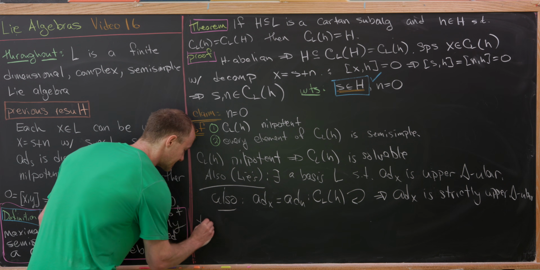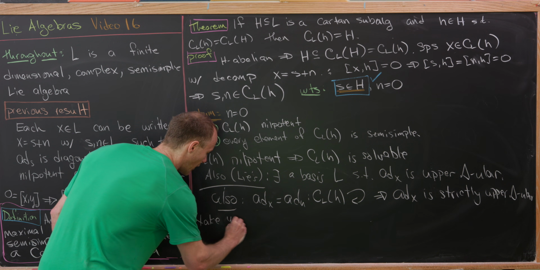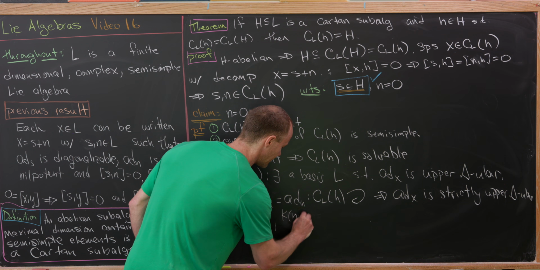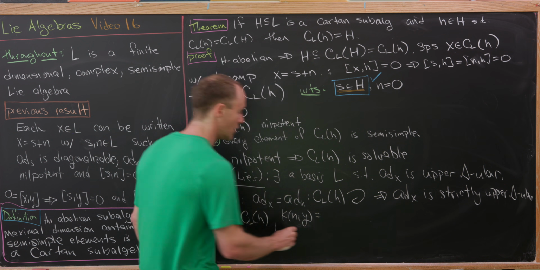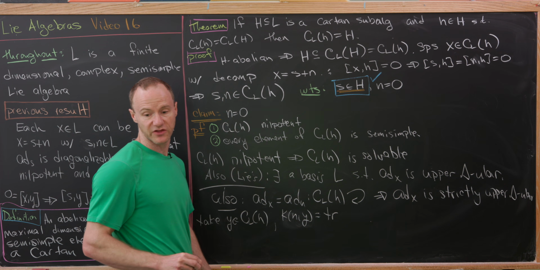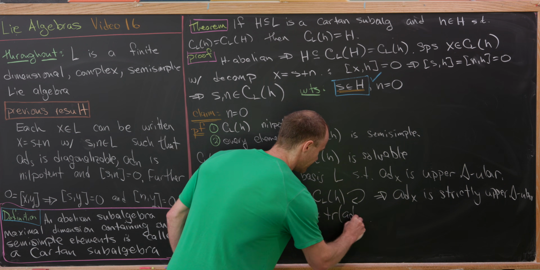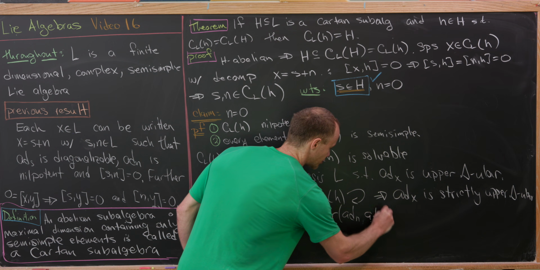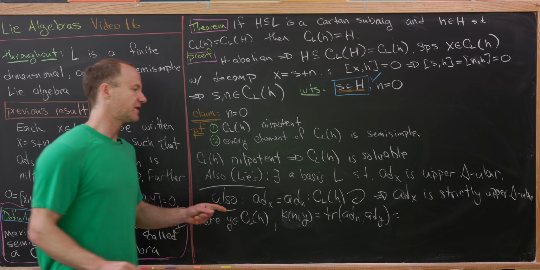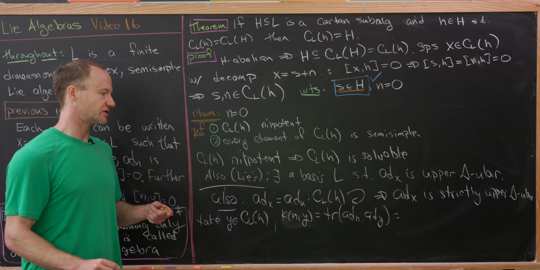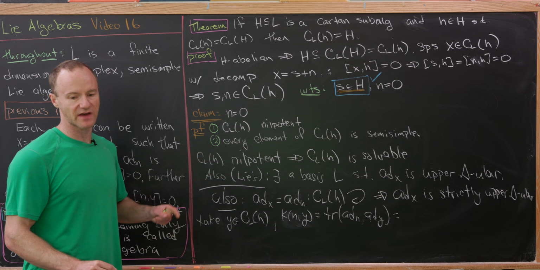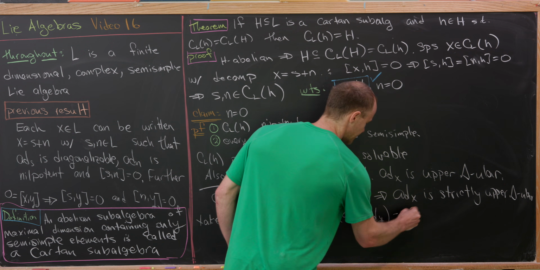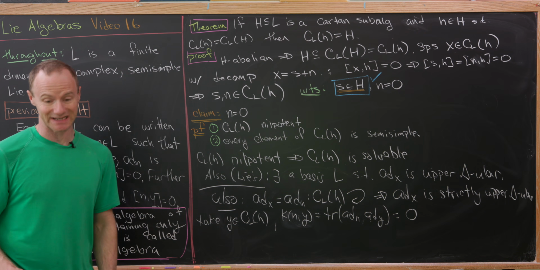But then let's take some y inside of CLH and then do the Killing form of n with y, which, let's recall, is the trace of the adjoint action of n with the adjoint action of y. Given the fact that the adjoint action of n is the same thing as the adjoint action of x, which is strictly upper triangular, we know that this trace will be equal to 0.